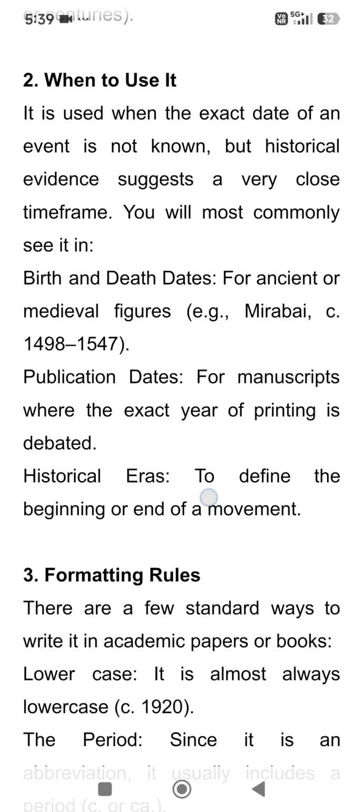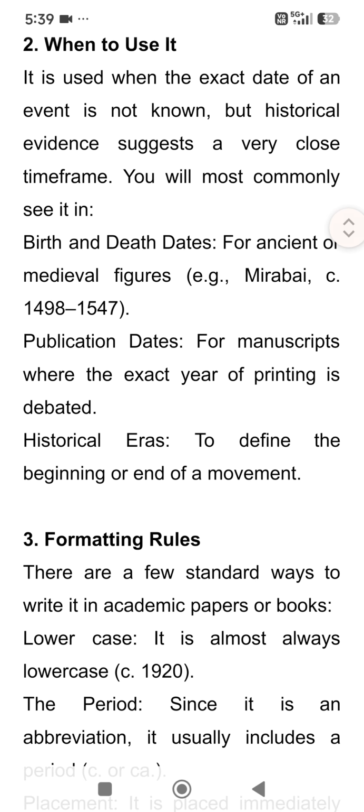So, when to use it? It is used when the exact date of an event is not known. I'm repeating, it is used when the exact date is not known. Suppose you say that I met Mr. Mohan some years back. You can use it because you don't have an idea of the exact year, you don't remember the exact year or time.